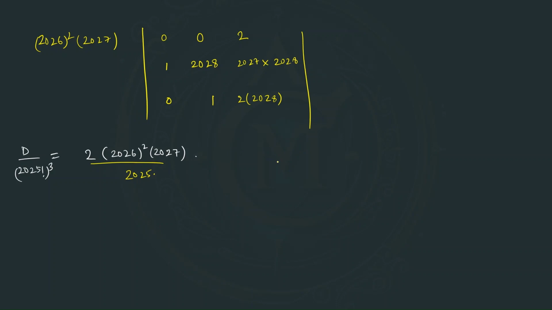Now we know that if, let's say, three numbers m, n and p are multiplied together, and we are to calculate the remainder when this product is divided by some other number r, then we can simply multiply the remainders when the terms m, n and p are individually divided by r and take the remainder. So it will be equal to remainder of m times remainder of n times remainder of p. This we can use here.